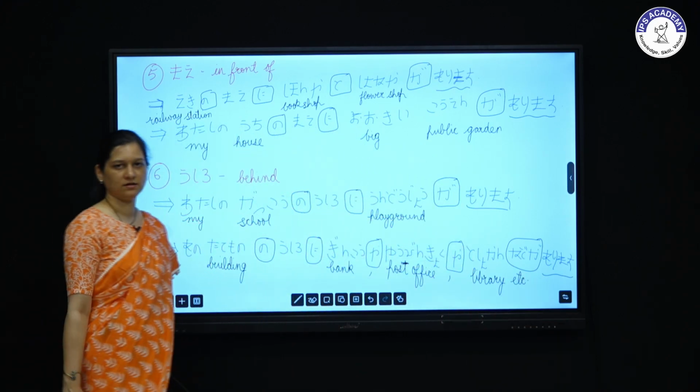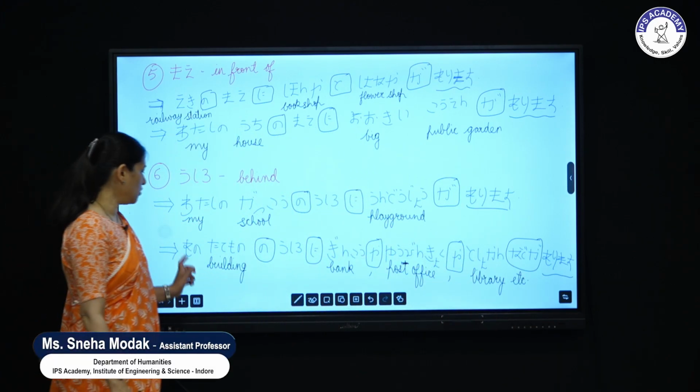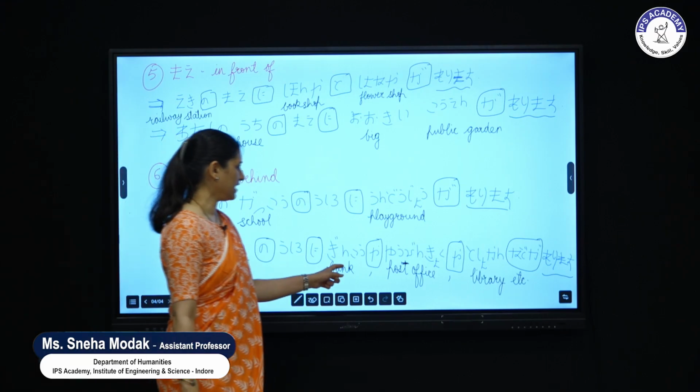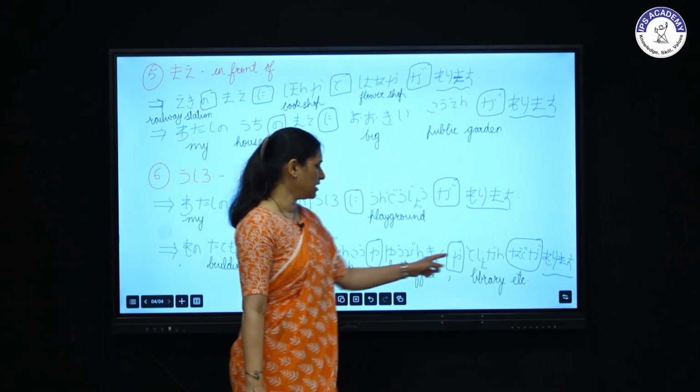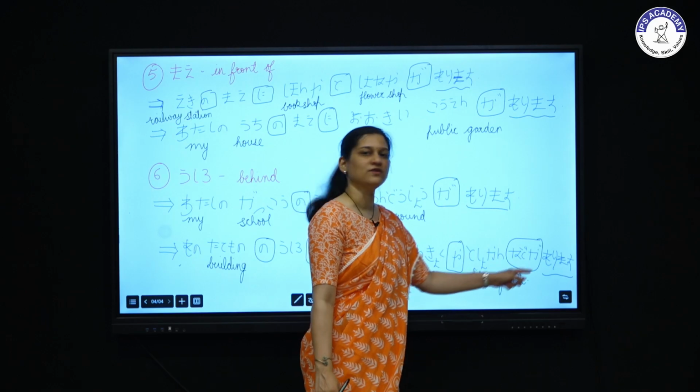Arimasu is to be used for non-living things. उस बिल्डिंग के पीछे बैंक, कॉमा, पोस्ट ऑफिस, कॉमा, लाइब्रेरी, एक्सेट्रा है.